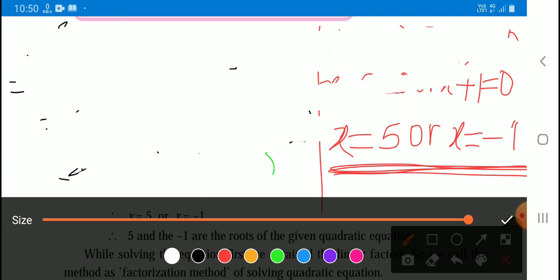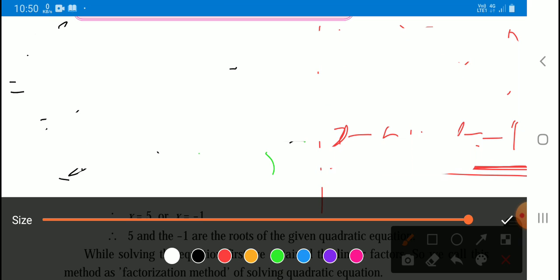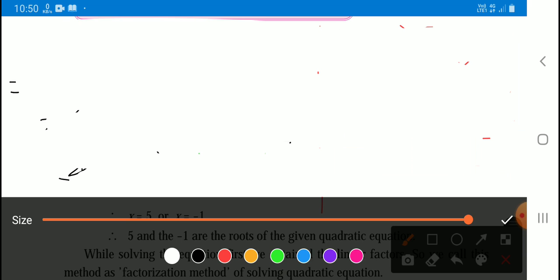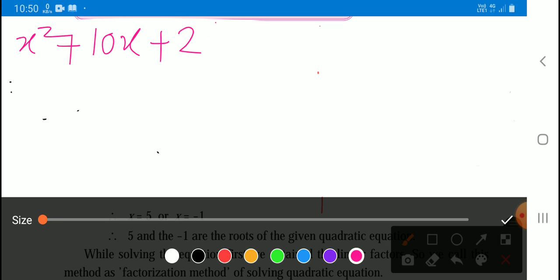Okay, I will write the example here: x square plus 10x plus 24 is equal to 0. Now I have to find the solution of this equation.